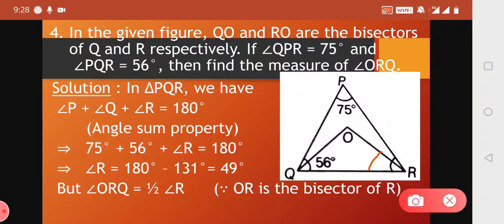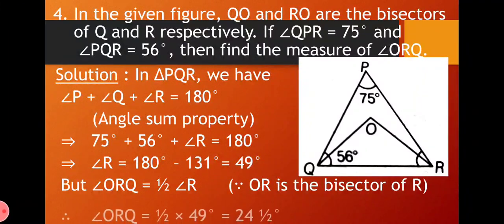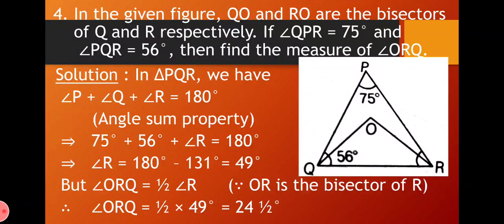So we write angle ORQ is equal to half of angle R. That is angle ORQ equal to half into 49 degree, because the value of angle R is 49 degree, which we have found ahead only. That is equal to 24 and half degree. Half of 49 is 24 and half degree.